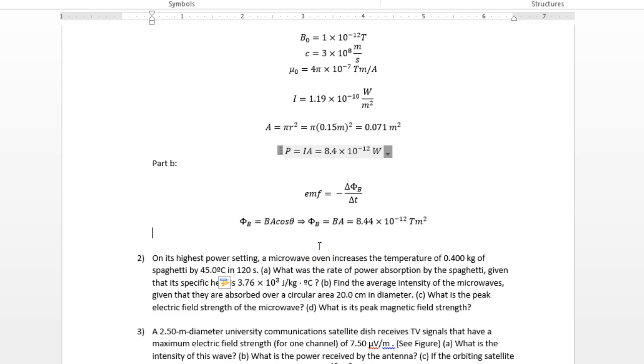All right, so that tells us that delta phi b, right, we're going to go from this maximum that we have here of 8.44 times 10 to the minus 12 Tesla meter squared down to 0.